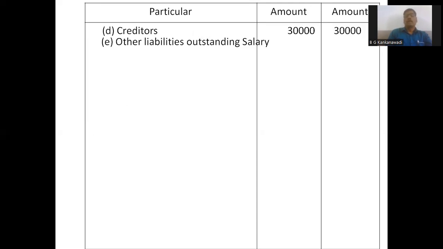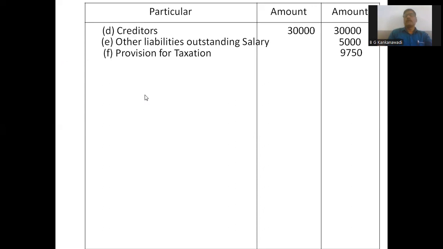Then other liabilities. In the other liabilities, you have to write all the outstanding expenses. So outstanding salary is 5,000. Okay. Then provisions. Under the provisions, you have to write the provision for tax and all the other provisions. First provision for tax.